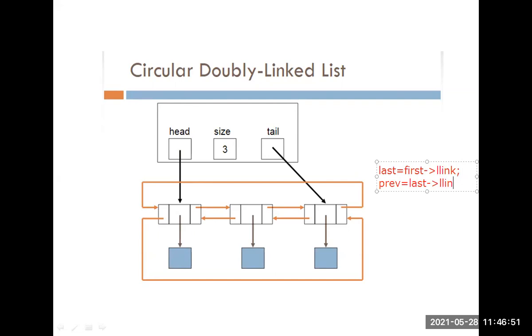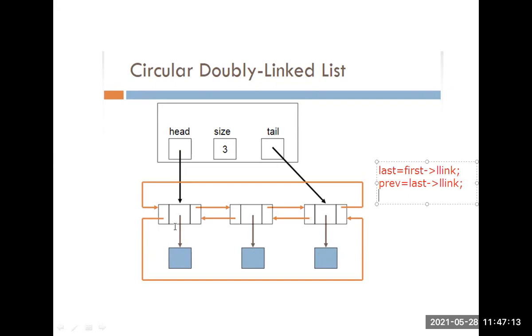So last of left link contains the previous node address. Because after deleting this one, the previous node acts as the last node, and its right link must contain the first node address. This address is stored in the first node. That's why I store this address in some temporary variable.